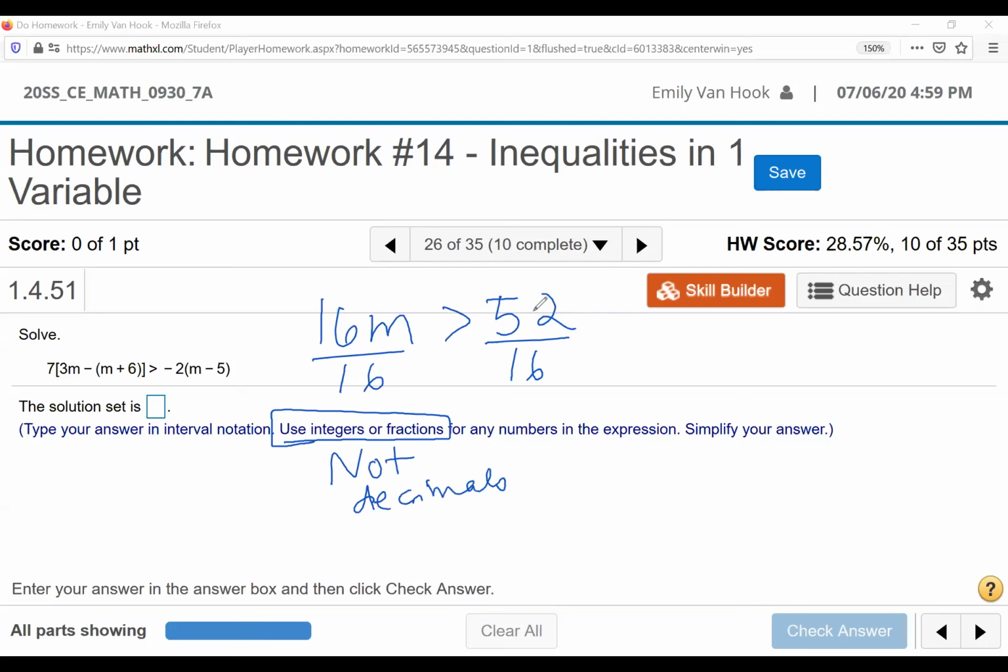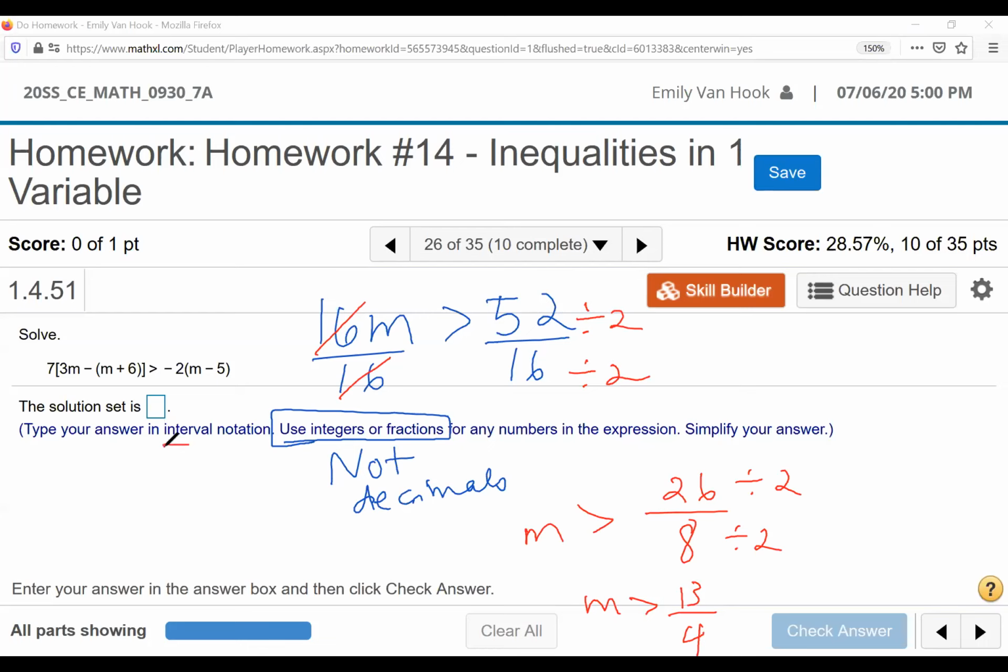So if this is turning into a decimal on my calculator, let's just instead treat it as a fraction that we can reduce. So let's try to reduce. Maybe we can divide both by 2. That becomes 26 over 8. So m is greater than 26 over 8, and oops, I can reduce some more by 2. So m is greater than 13 over 4.